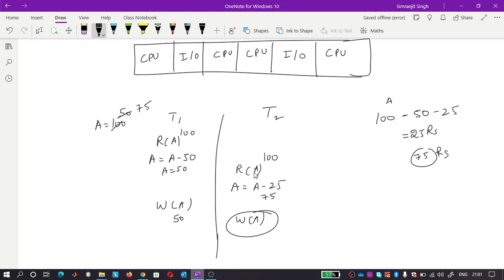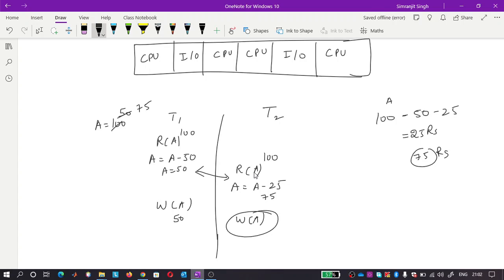So when two transactions are involved like this, it is called interleaving of transactions. I am leaving a transaction in between and giving control to T2. When you interleave transactions, these kinds of problems can arise, and it is very common for something like this to happen.